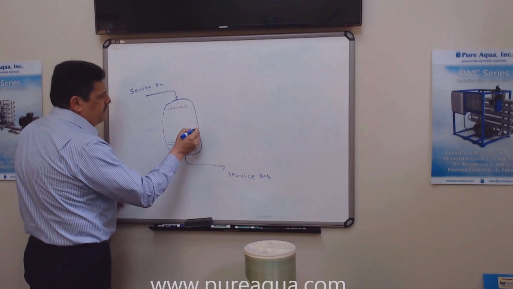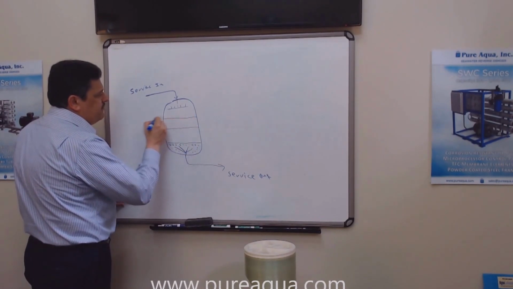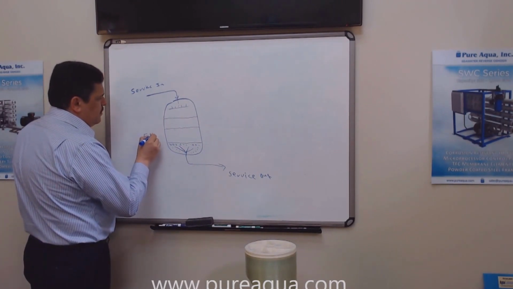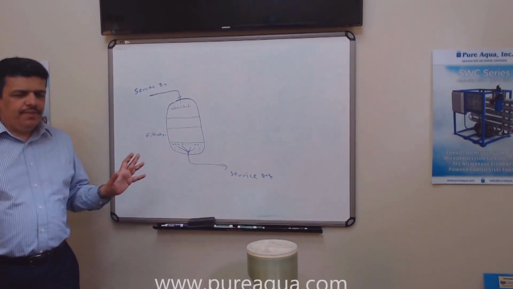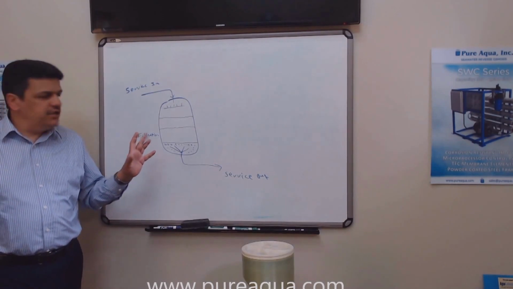Then we have a filtration bed, and then we have a supported bed. So that's the filtration bed. I'm going to talk here about the multimedia or the dual layer. Depends on the application.